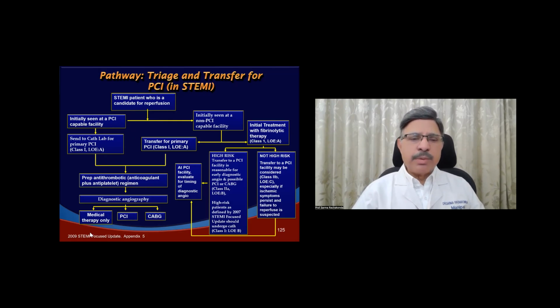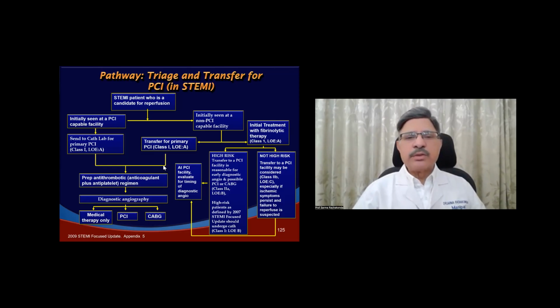The answers can be medical therapy, PCI, CABG. If CABG is needed, then electively you have to take up the CABG. PCI: open up the vessel, do either stenting, drug-eluting or no stenting, or simply do the angioplasty. And if there is no severe or critical obstruction, then you do the medical treatment.